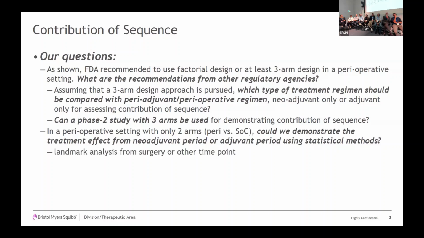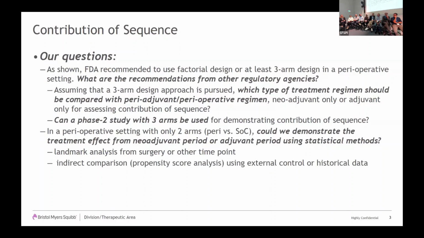For example, we have some proposals like landmark analysis, analyzing from a certain time point like surgery, or indirect comparison using an external cohort or historical data. Or we can also maybe use some exploratory analysis on the responders or subgroups.